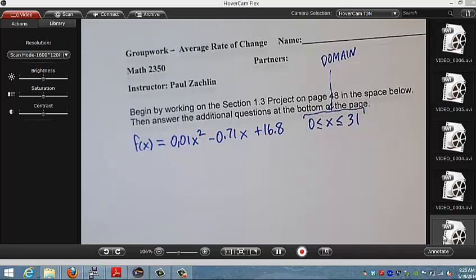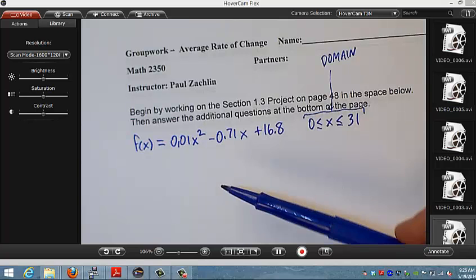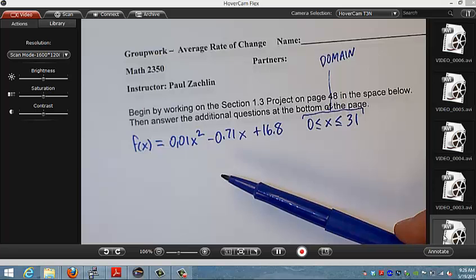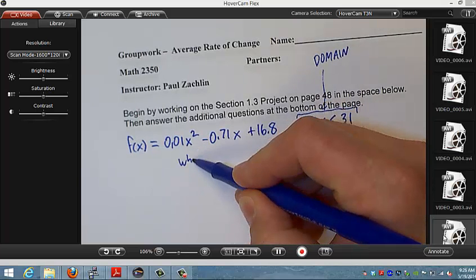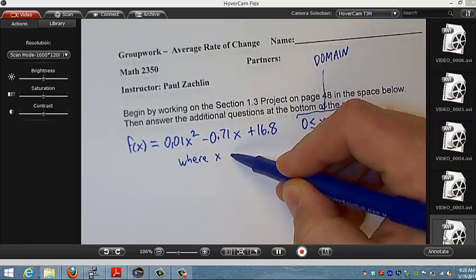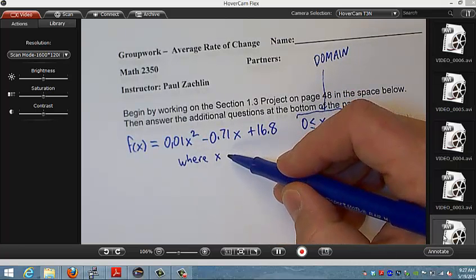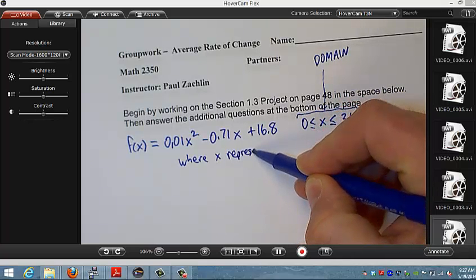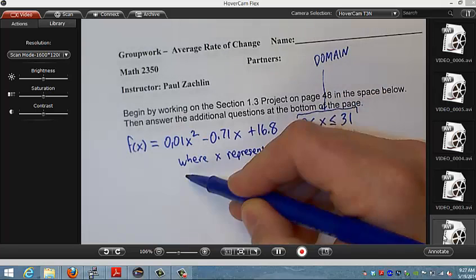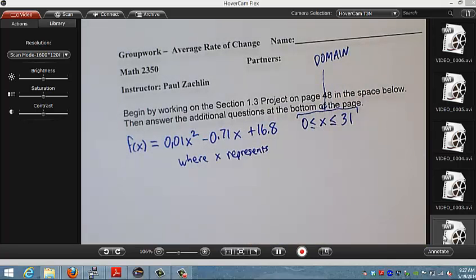The other thing that you want to talk about, again, this is an applied class. Anytime that I write down a function, I want to say what x represents, and I might say what f of x represents also.